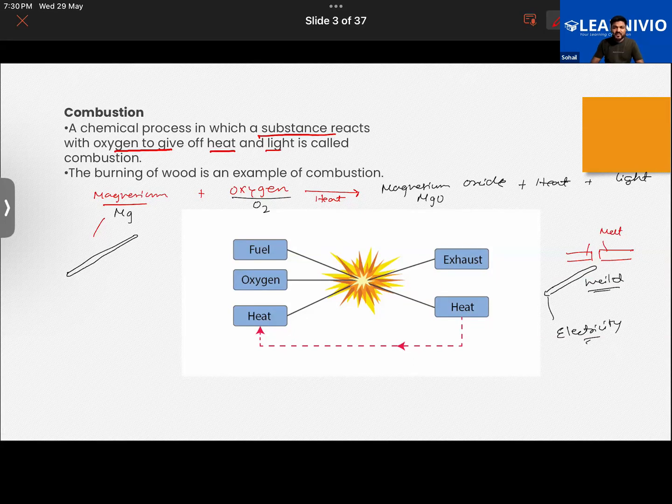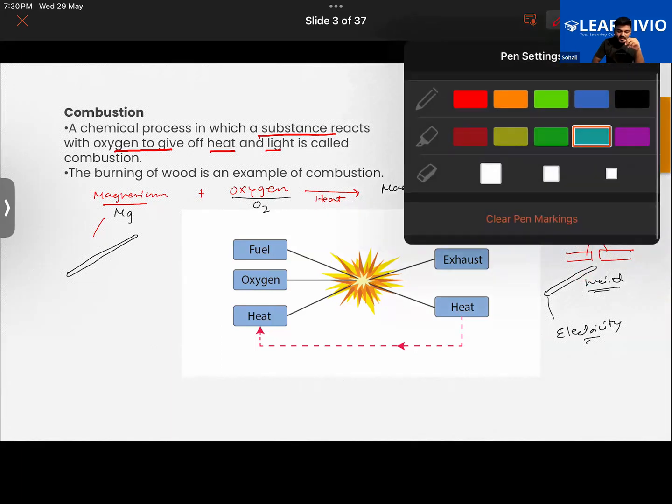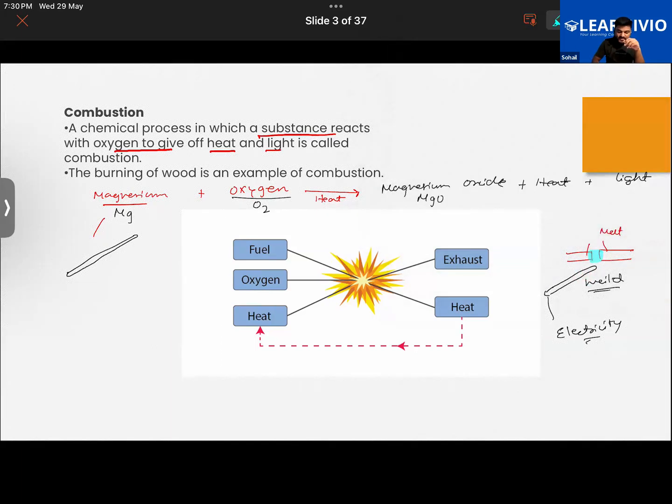It's not like it will melt too much, but a little bit. The magnesium ribbon will form a layer above it. Since the two metals are a little bit melted, they can be joined. So in this manner, magnesium ribbon is used in welding.